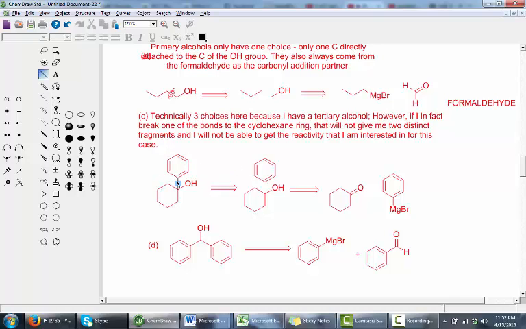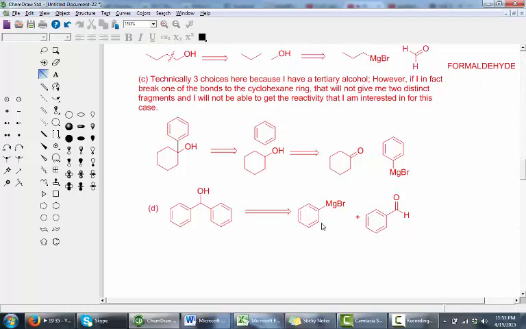But if I break this bond, then it works very well, because that gives me cyclohexanone, this carbonyl compound here, and this phenyl Grignard, which in the forward direction will form the tetrahedral intermediate that picks up a proton in a separate step to give me my desired product.